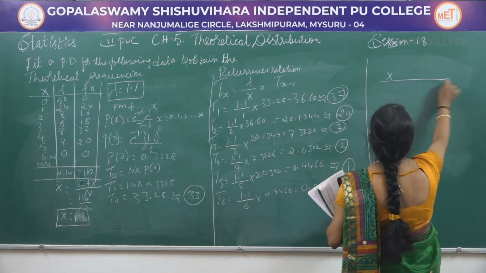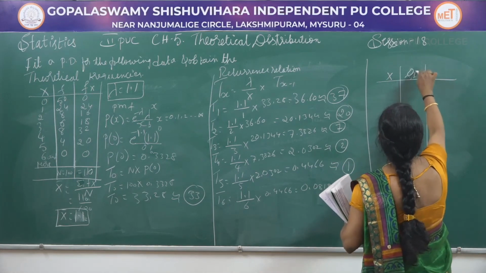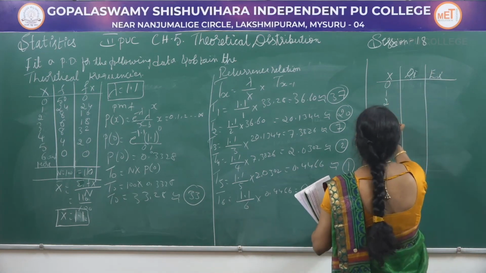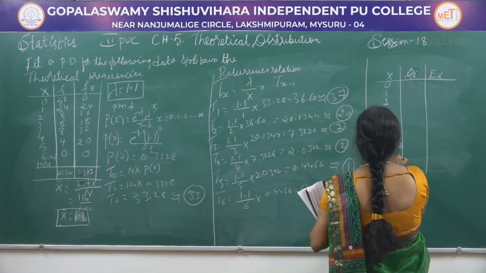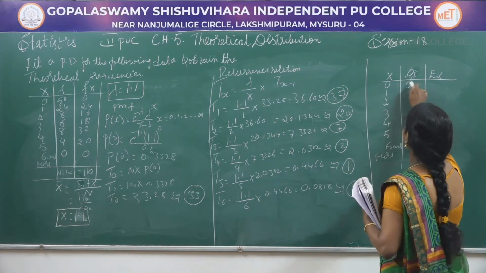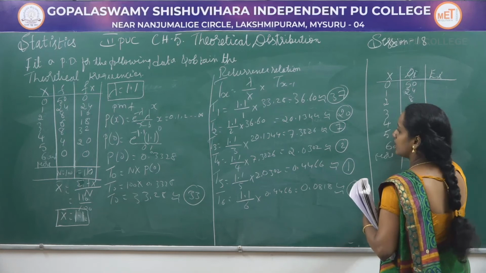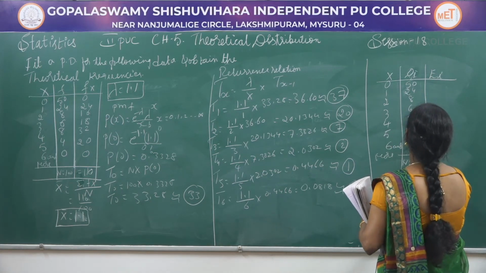Lastly, you have to tabulate this: Oi and Ei for 0, 1, 2, 3, 4, 5, 6 and more. Oi means observed frequency, that is given 50, 24, 8, 6, 8, 4, 0, and this total n is equal to 100.